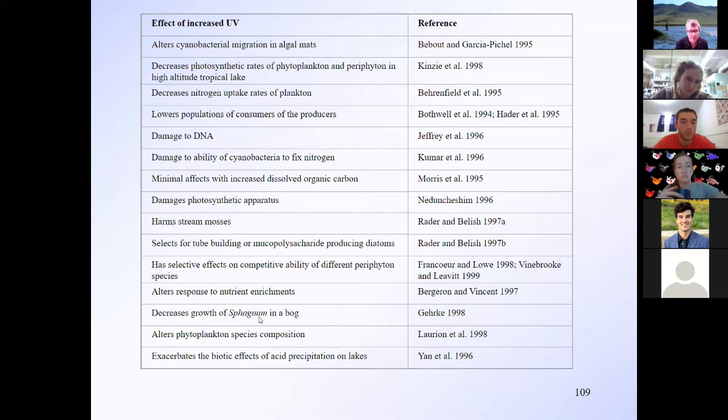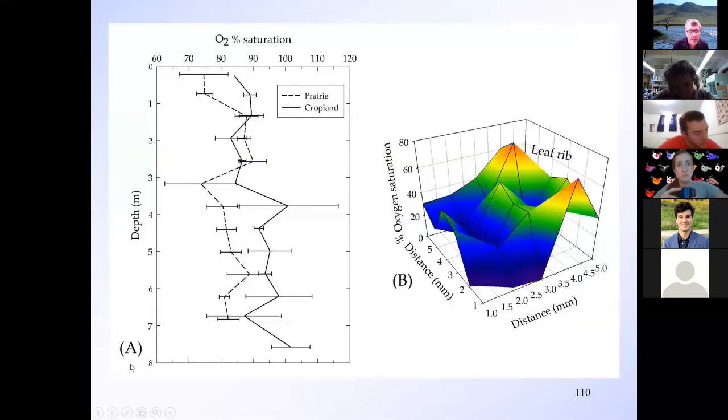Peat bogs are a big sink of organic carbon globally, so this could have an effect in the long term. And it interacts with other things. If you had acid precipitation on lakes, if they're being hit by one stressor, and you put another stressor on top of that, ultraviolet, it could have more than additive effects. Okay.